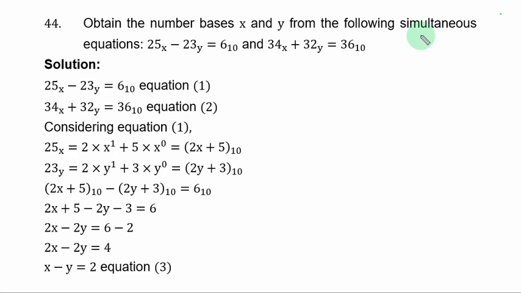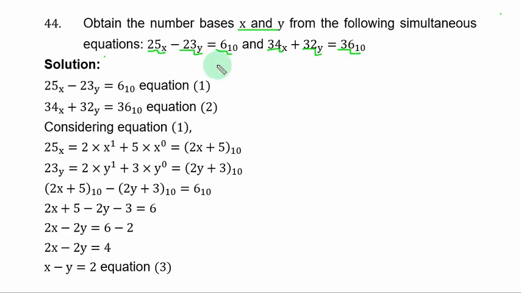Example 44. Obtain the number bases s and y from the following simultaneous equations: 25 base s minus 23 base y equal to 6 base 10, and 34 base s plus 32 base y equal to 36 base 10.